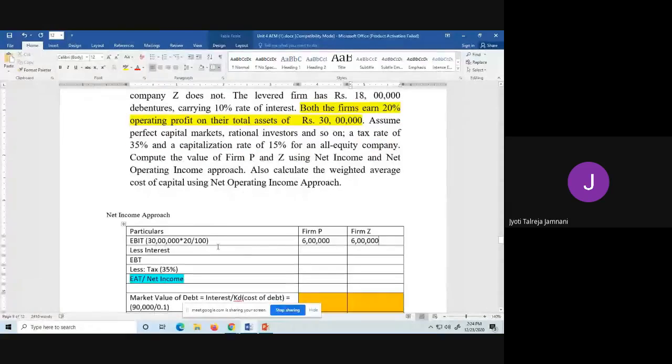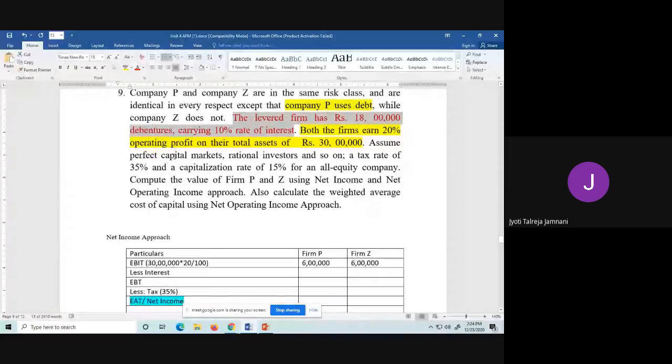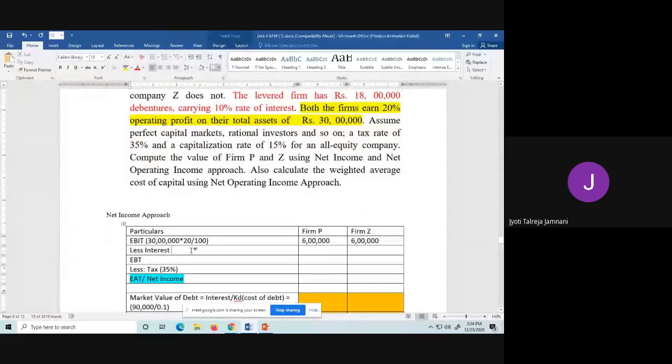Now from that we less interest. Company P uses debt, so only for P we will have the interest, and it says the levered firm has rupees 18 lakh debentures carrying 10% interest. So only for Company P we will have to calculate interest on 18 lakh. We have to calculate 10% interest.